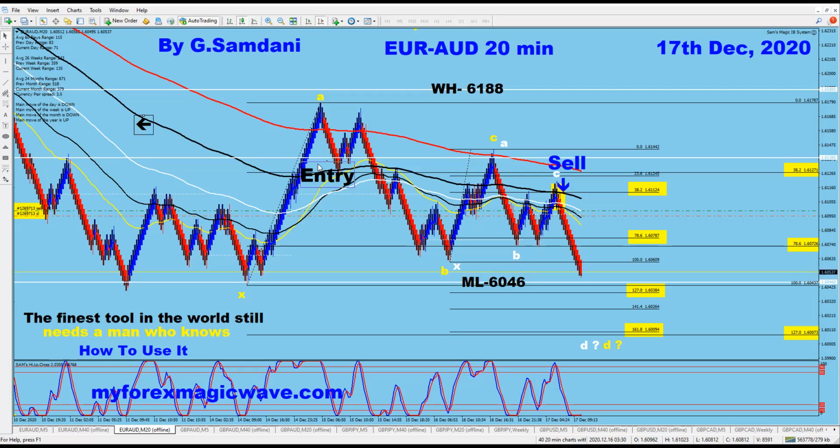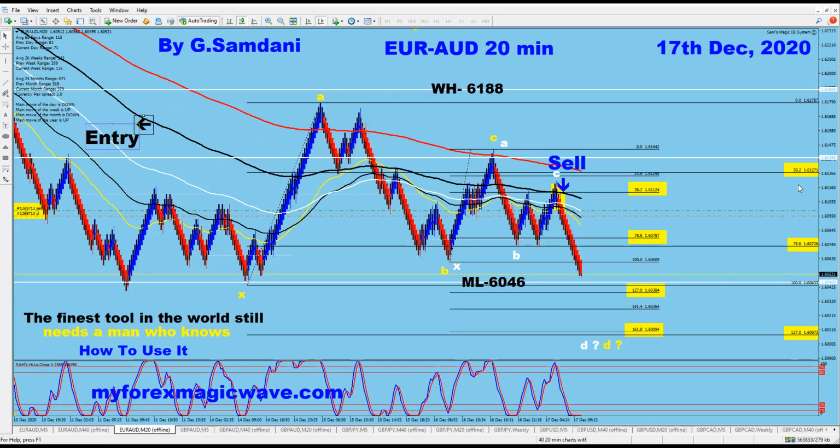You can see here I marked the yellow count and the white count. For the yellow count, I pulled the fib from X to A, and you see this pair dropped all the way down to 78%, which is the first mandatory condition for a butterfly pattern.